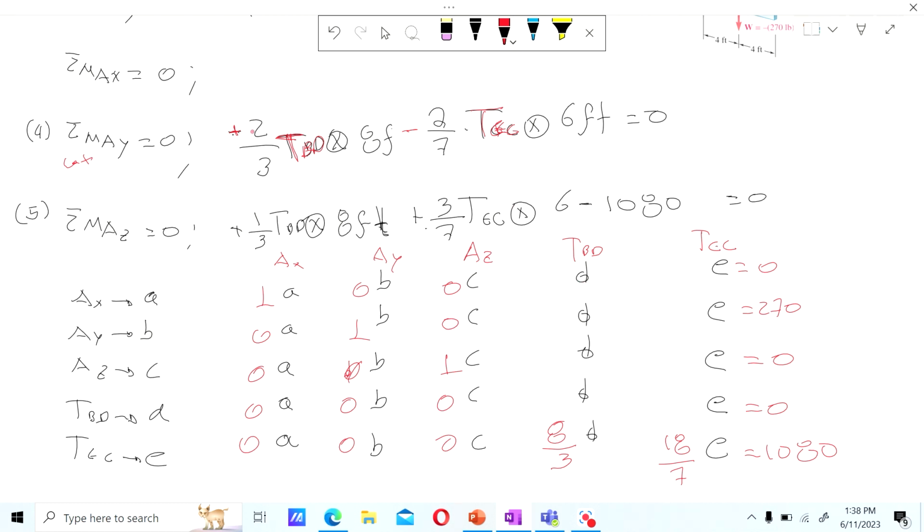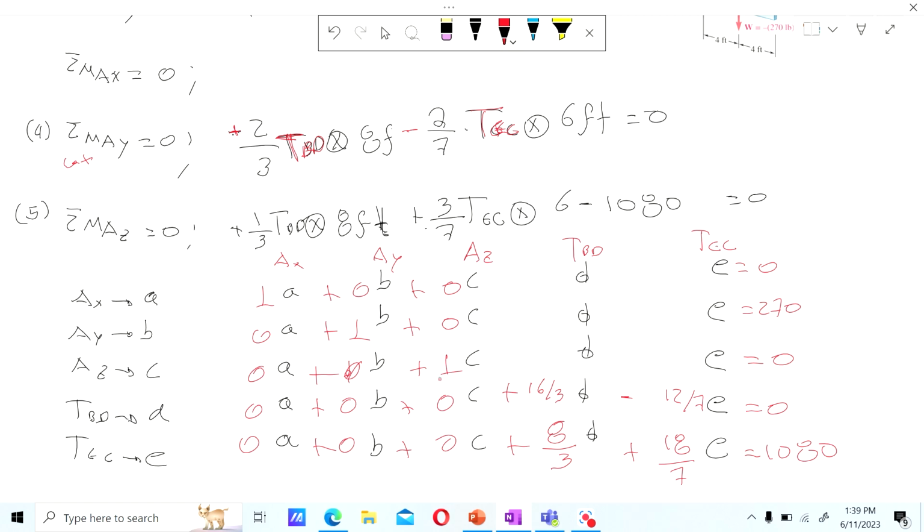Equation 4, we have 2/3 times 8. 8 times 2 is 16, so 16 divided by 3 for T_BD, and then negative 12 over 7. All of these we already know are positive.